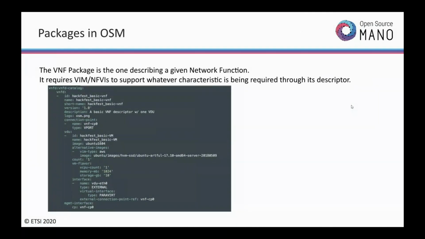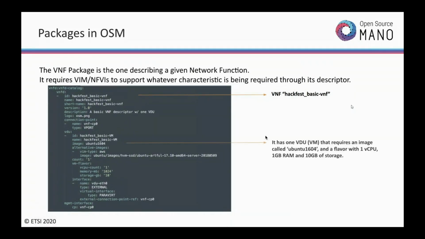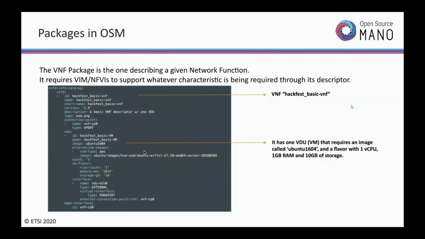might look like this. This is, again, a basic example that says this is the VNF called Hackfest basic VNF. Okay, this is the one that the network service is looking for. It has 1 VDU. How can I tell it has 1 VDU? Because under VDU, it just has 1 dash, that is 1 element of a list. So just 1 VDU.